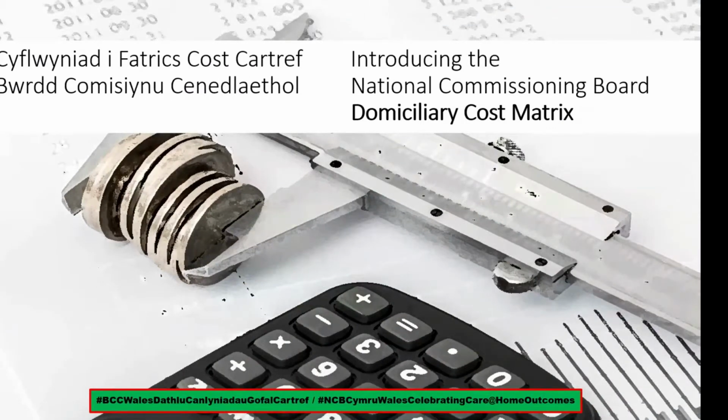Good afternoon, and welcome to our session on the National Commissioning Board Cost Matrix for Domiciliary Care. A brief opportunity to be transported into the world of numbers that's fundamental to care provision. As Malcolm's already said, I'm Michelle Dumont, and I was a member of the Task and Finish group that helped to develop the costing matrix.